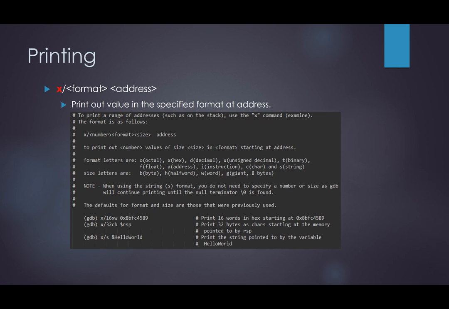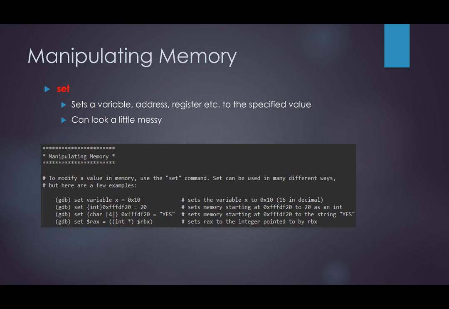X is short for examine. So examine will let you look at the actual values in memory of whatever you specify. There are a couple examples I have in the little primer. I didn't have anything planned in my little demo, but I could go over that if you guys want me to.